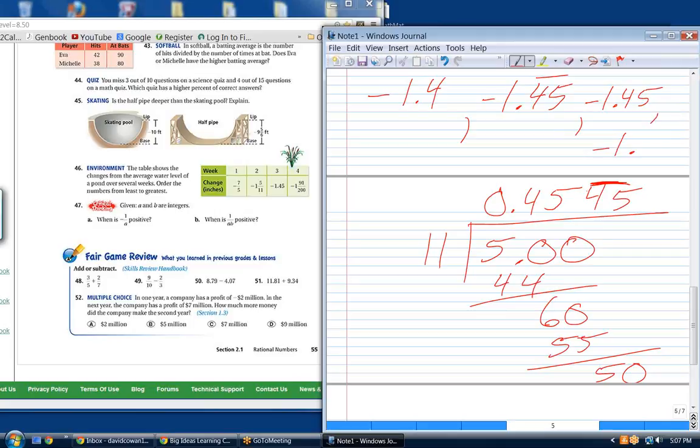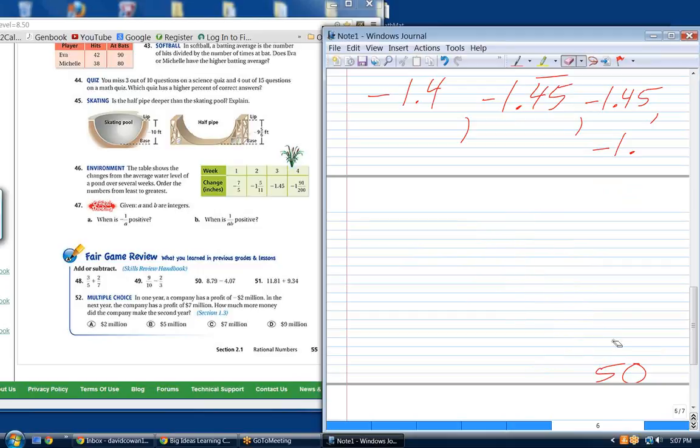Okay, so 91 over 200, you divide, you put the 91 in the box. Forget it, 200 divided by 91. No, 91 divided by 200. In other words, the denominator always gets read last.